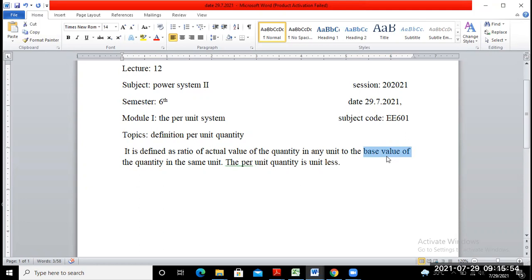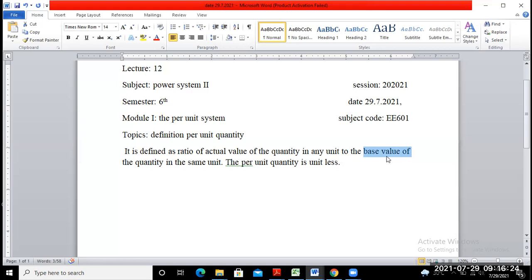So we try to choose the base value as arbitrary. That means we choose two ratings: one is your MVA rating, the volt ampere rating, and another is your voltage rating. So we choose two base values, one volt ampere and another voltage.